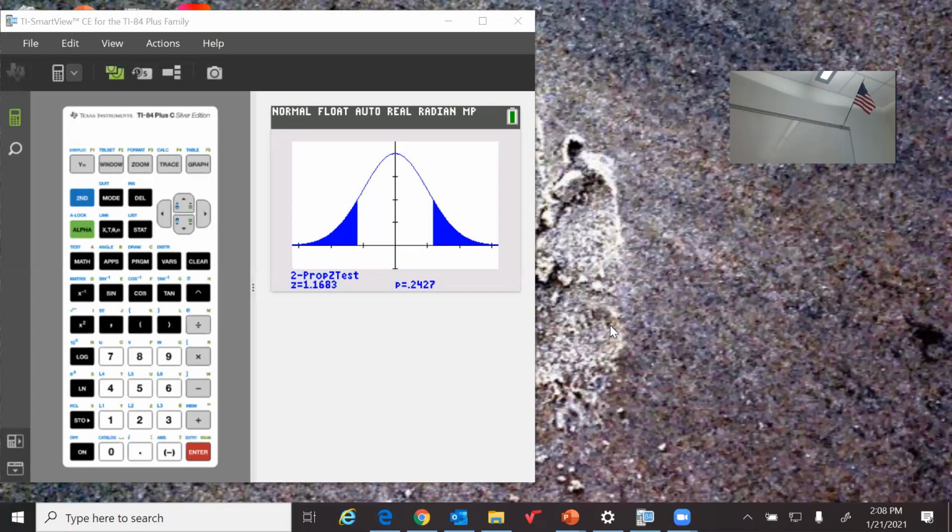Because what did we actually do before? You said build a two-way table that said this. The null could be true or it could be false. For our decisions, reject the null or fail to reject the null. Now what happens? If the null is true and we fail to reject it, that's good.